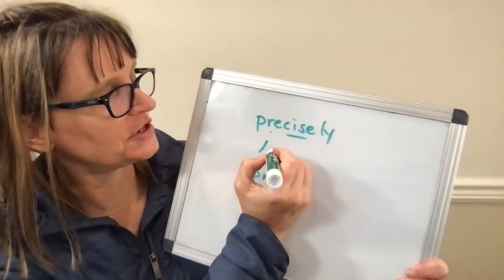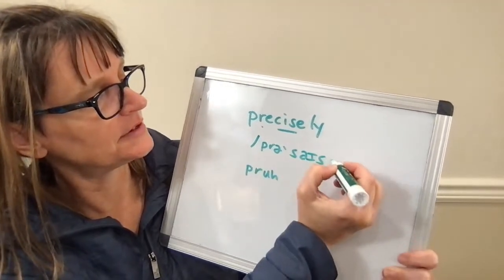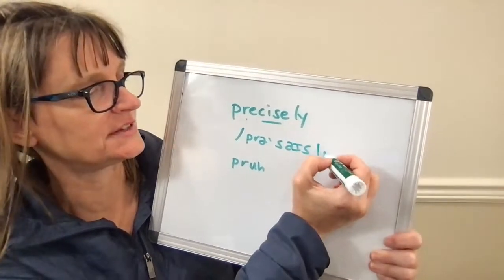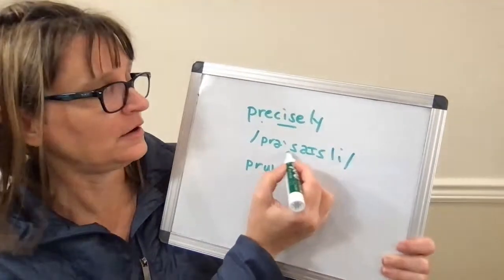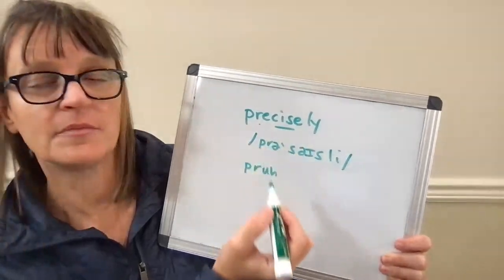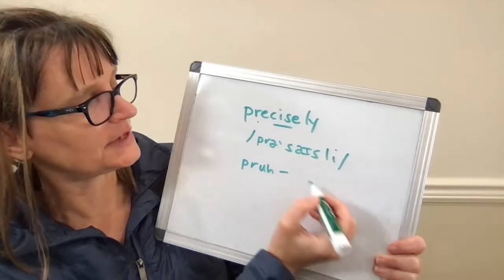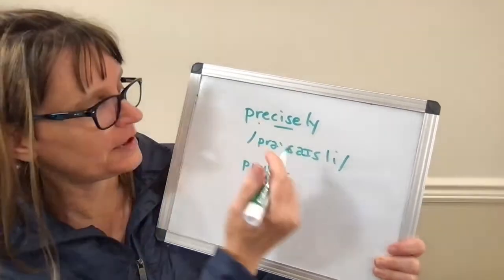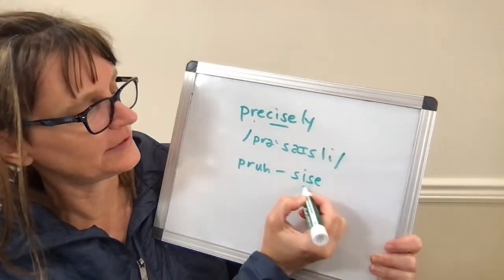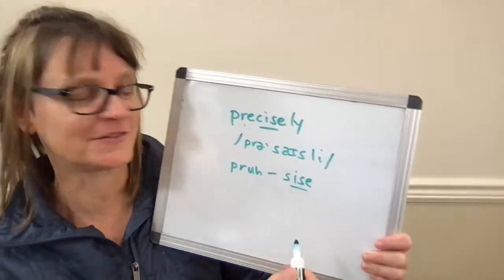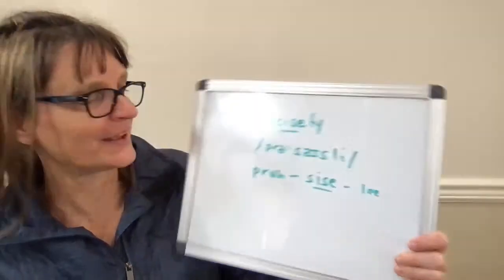So in the dictionary, you're going to see it like this: precise for just precise, and then precisely for precisely. So we have the diphthong I there. We have the S sound for both the C and S here. I think to write the I diphthong, it's helpful to have it like that because we say the I when we have a silent letter E. So precise and precisely. Good words.